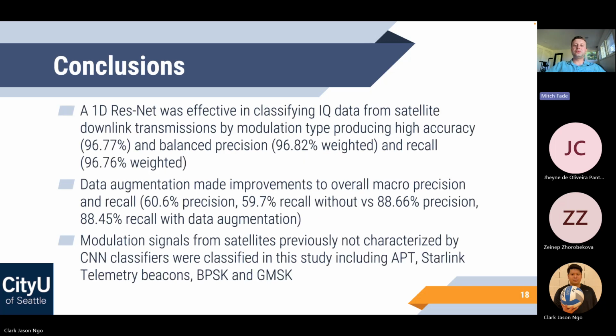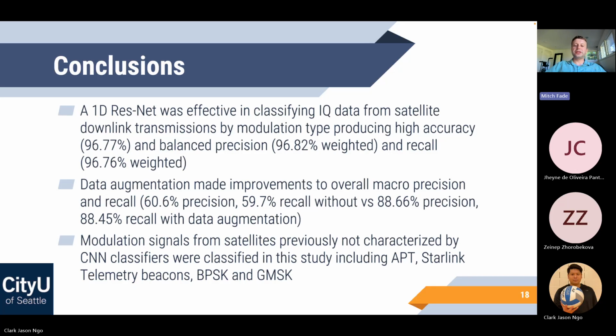A 1D ResNet classifier was effective in classifying IQ data from satellite downlink transmissions at a high accuracy with balanced precision and recall performance. The data augmentation step made a modest improvement to overall macro precision and recall when compared to when the model was run without the data augmentation, although the weighted performance was roughly about the same whether the data augmentation was included or not.